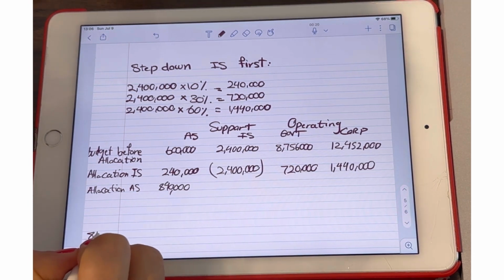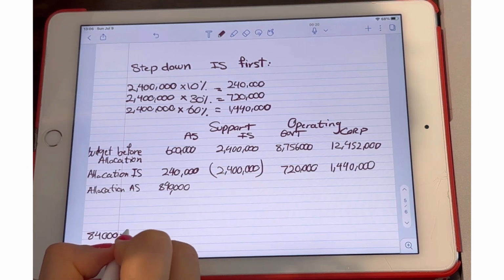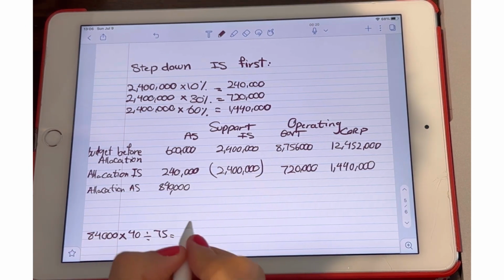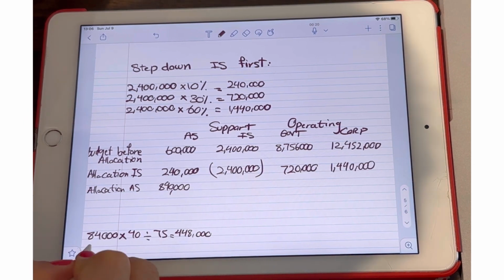So just $840,000 multiplied by 40 divided by 75, $4,048,000.